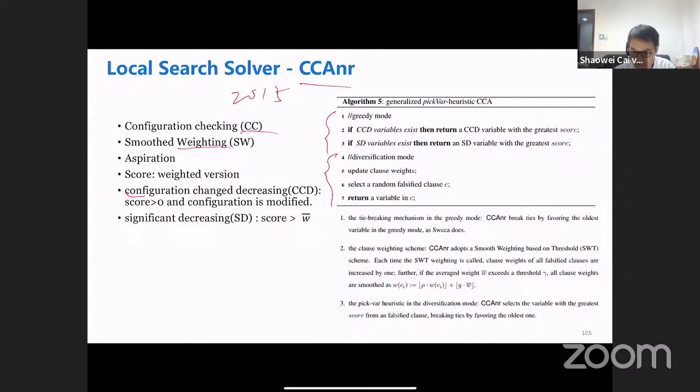In the greedy mode, we try to find a greedy variable according to the score or second level score, using CC to filter. After we get into a local optimum, we use a diversification mode. We update the clause weights and do our random walk. But in the random walk mode, we still pick the greedy variable. And this is important for solving structured formulas.